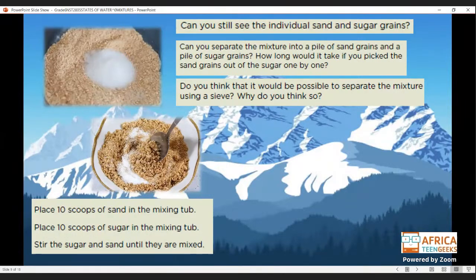Okay, so I'm reading your answer about the pan for filtering. Okay, so that is also part of the process. So this is how you would do it. Listen carefully. You add water covering the sand and the sugar. You're adding water to just cover the sand and the sugar. You stir the mixture until you can see that the sugar is dissolved.